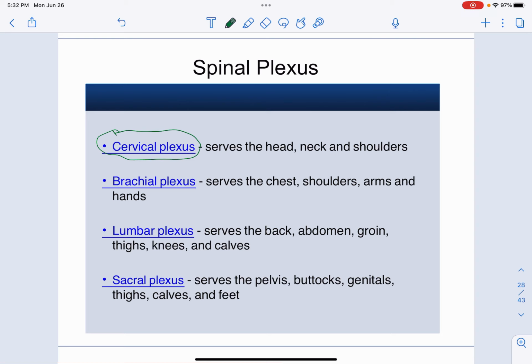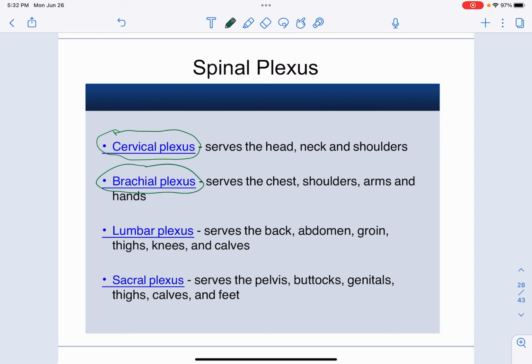So the cervical plexus, for example, the nerves that come out of that plexus are serving the head, the neck, the shoulders, whether it be the muscle or the skin for sensation. The brachial plexus is going to service the arms, the shoulders, and the hands, and so forth. And the lumbar is going to serve some of the back and the calves. So just so you have an idea of how these plexuses are working and what they're servicing.